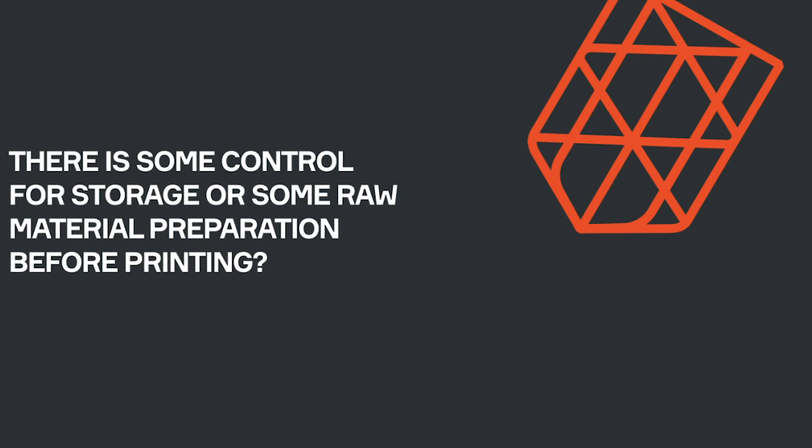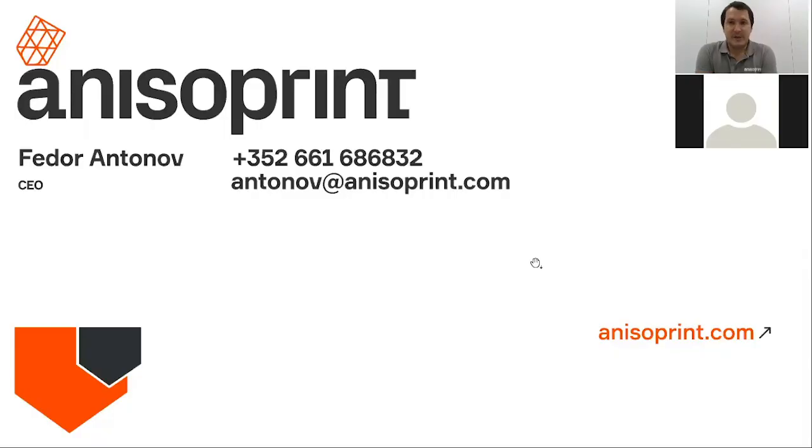Is there some control for storage or some raw material preparation before printing? Yes, that's a very good question, because most of the plastics require certain storage conditions. Most of the plastics need to be dried. If the plastic absorbs a lot of moisture, then the printing quality will be bad.